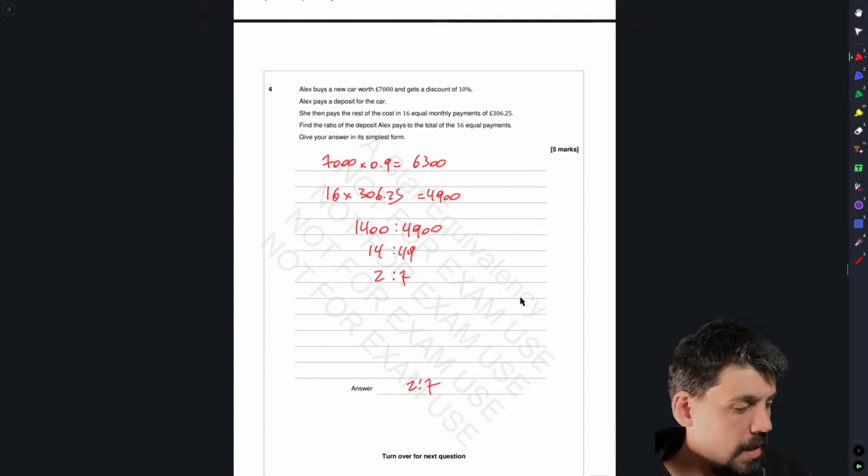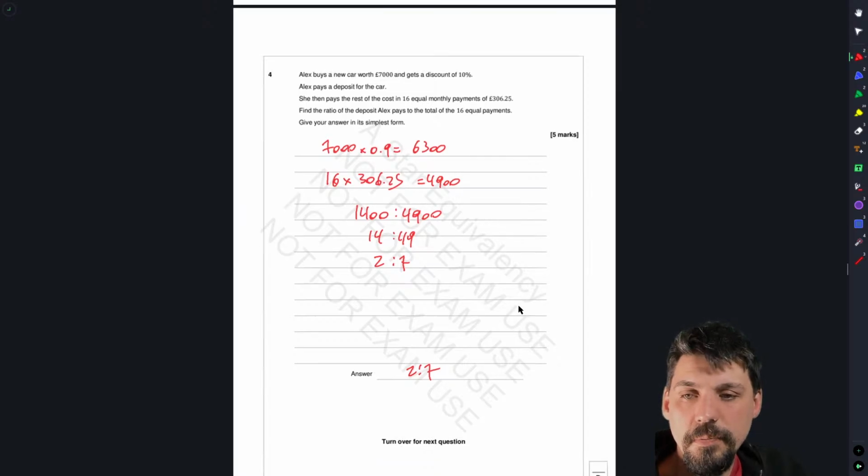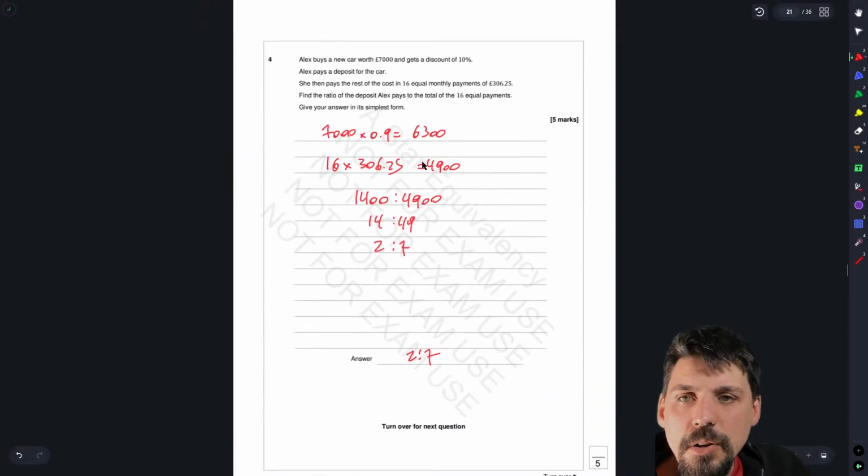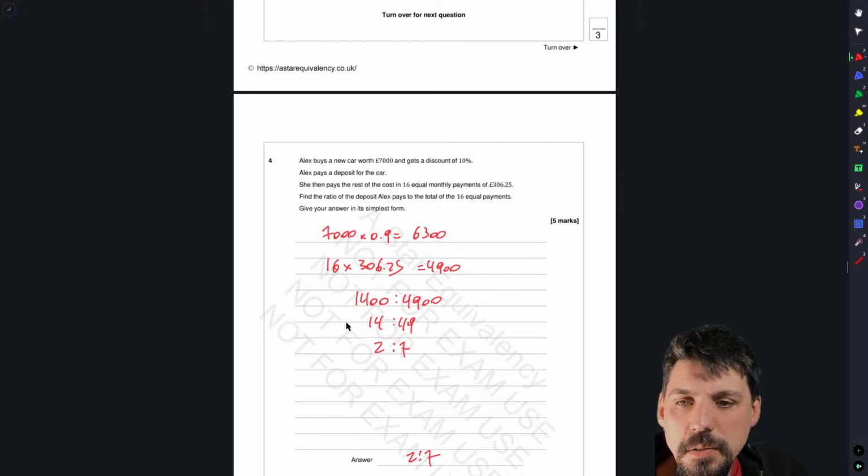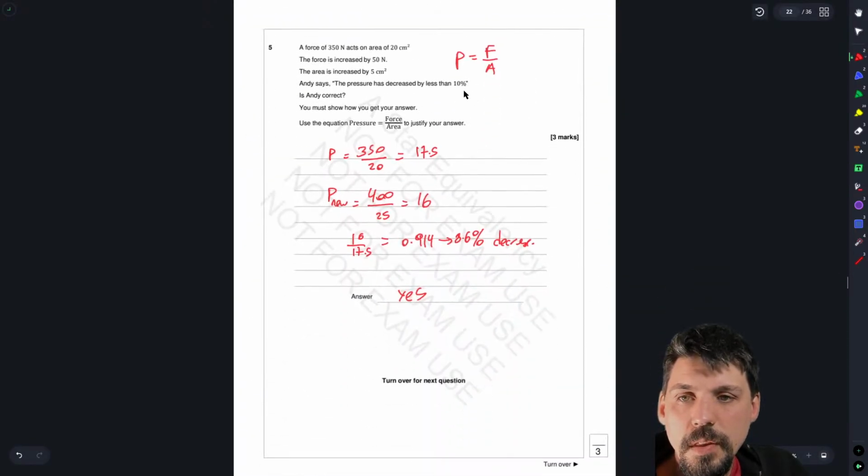4,900, 7,000 times 0.9 minus 4,900, 1,400 divided by 4,900 is 2 to 7. I'm taking that. And that is the correct ratio, right? Deposit, which is that, the total. Yes.